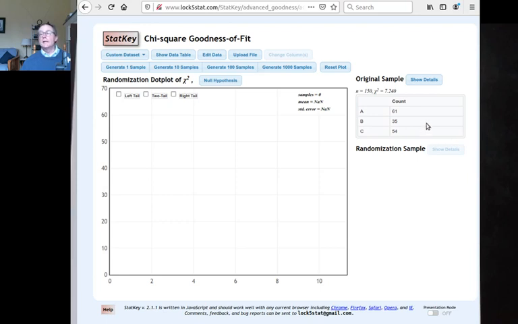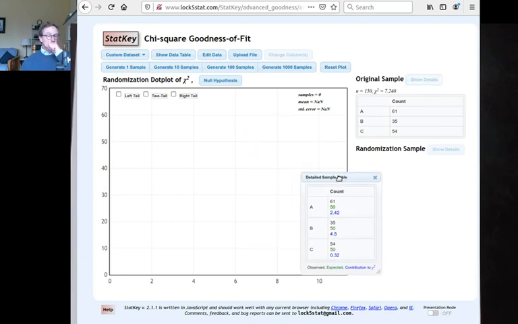I'm going to show the details of the calculation because I'm trying to give the idea that these don't come from crazy nowhere. They make some kind of sense. Here are the details. There's category A, category B, and category C: 61, 35, 54. If they were indeed 1/3, 1/3, 1/3, then they would be 50, 50, 50. Those are the numbers in green.